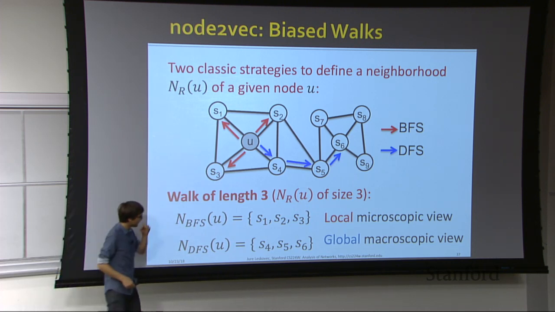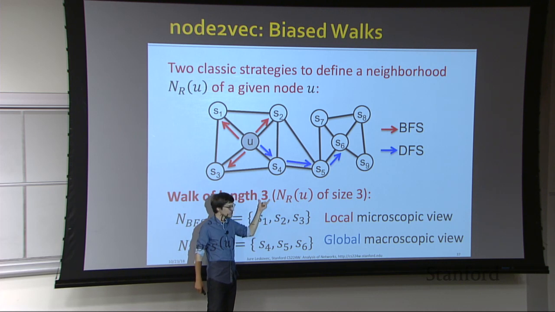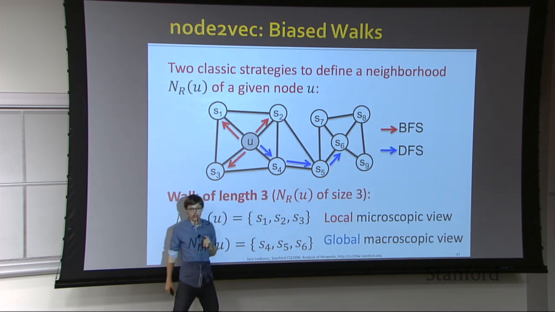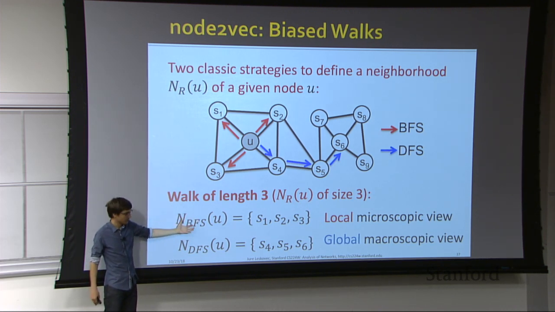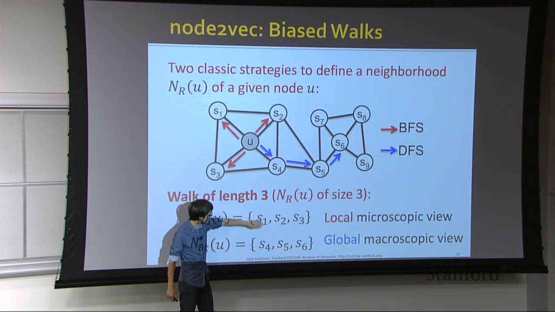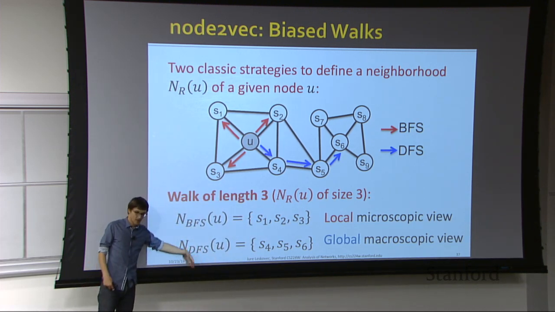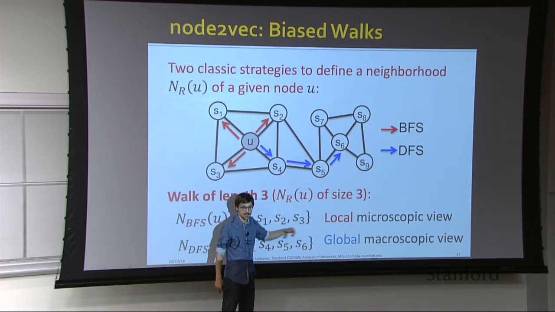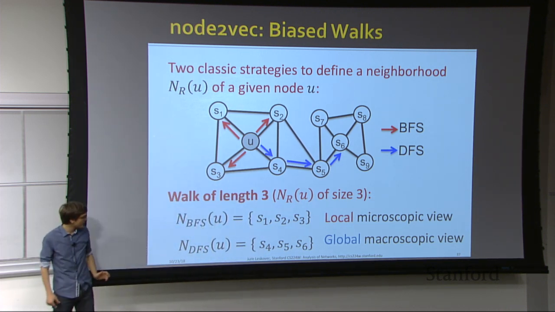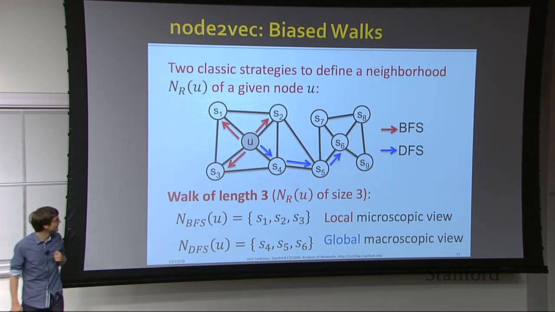In our case, we will be generating random walks of a fixed length, let's say 3. Using the breadth first search strategy would generate a neighborhood set of S1, S2, S3, and using the depth first search strategy would generate a neighborhood set of, let's say, 4, 5, and 6. The breadth first search gives us a very local view of the network, and the depth first search gives a very global view of the network.